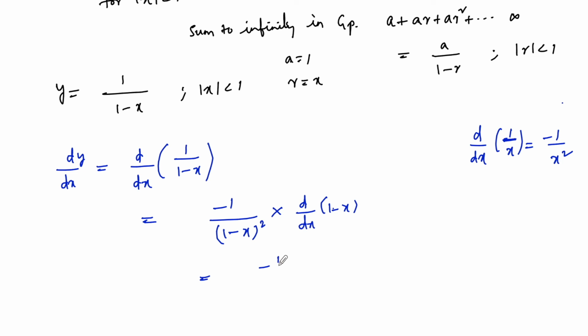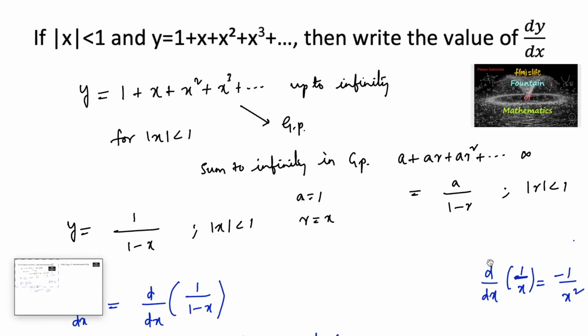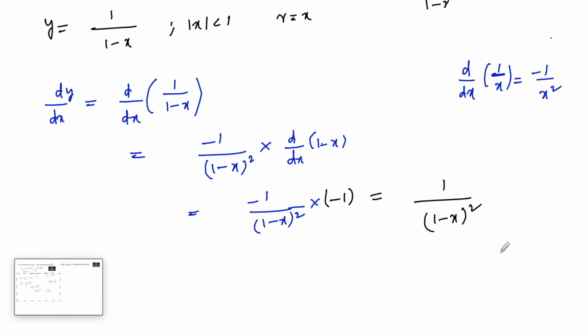So we can write minus 1 by 1 minus x whole square into differentiation of 1 minus x, it's a negative 1. So that is 1 upon 1 minus x whole square. So the answer is dy by dx is equal to 1 upon 1 minus x whole square.